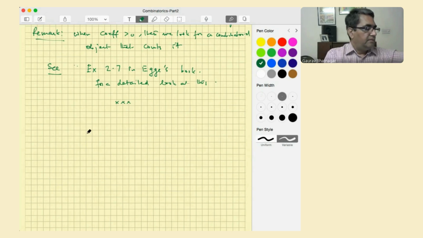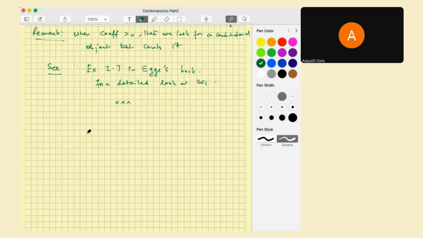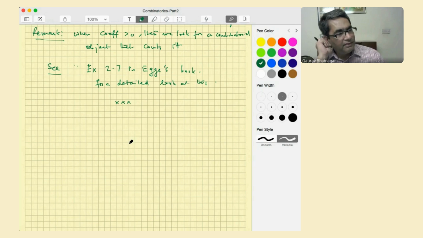Professor, here we took that all fillings have to be strictly increasing from left to right. Likewise, we could have also taken strictly decreasing, right? That wouldn't change anything, because at the end of the day you are just taking permutations over everything. Yeah, I think so. You subtract, 8 minus this, and then you'll get decreasing.